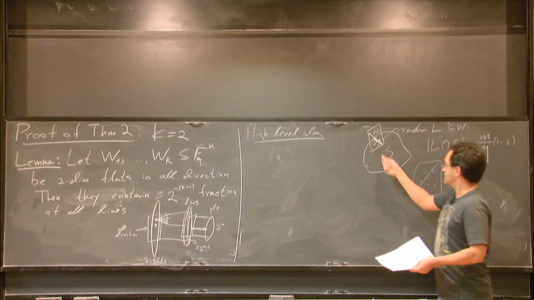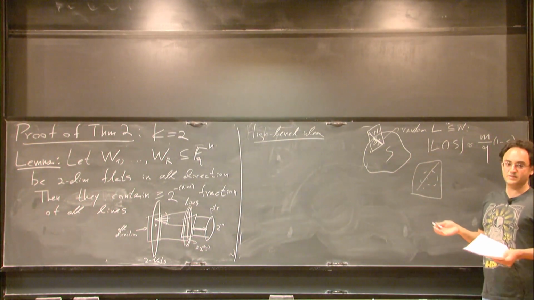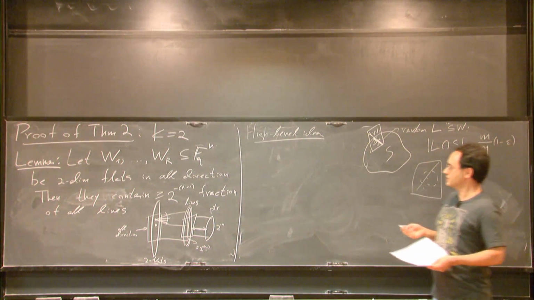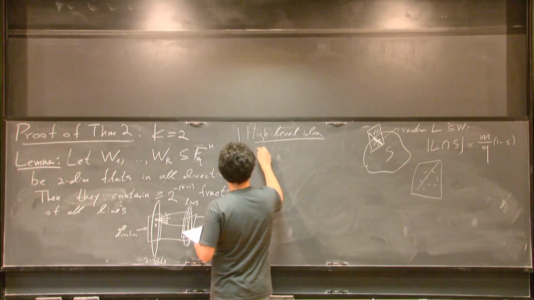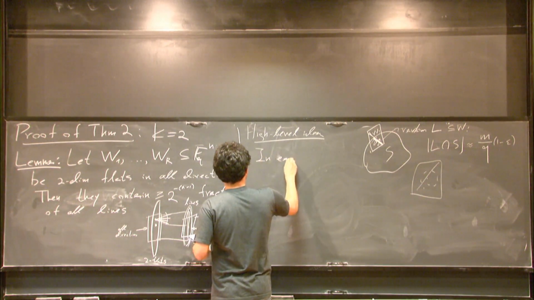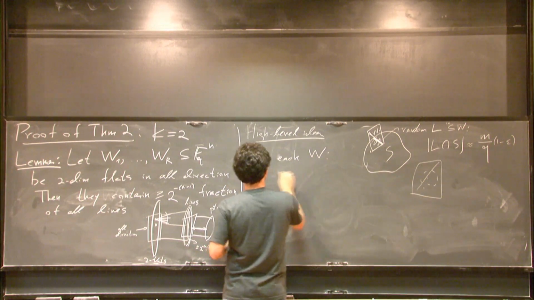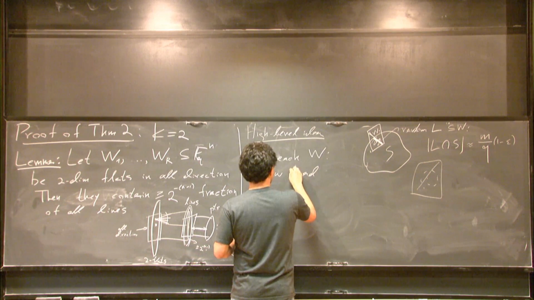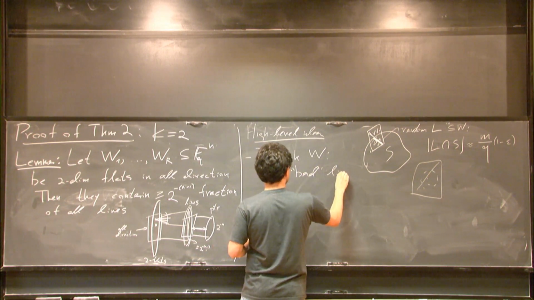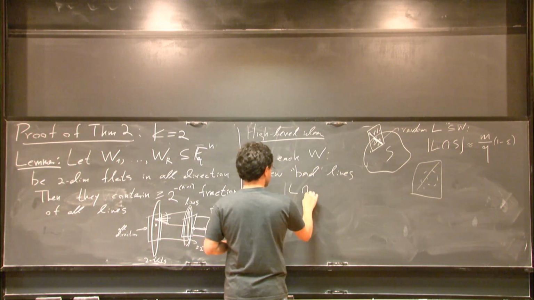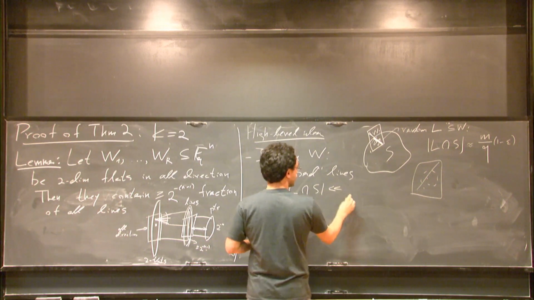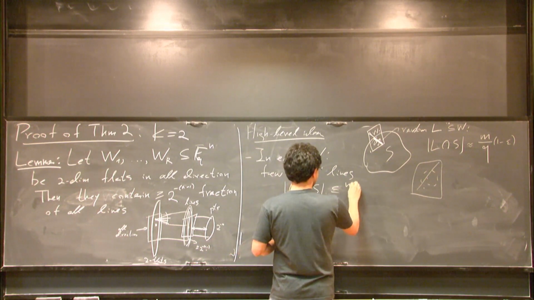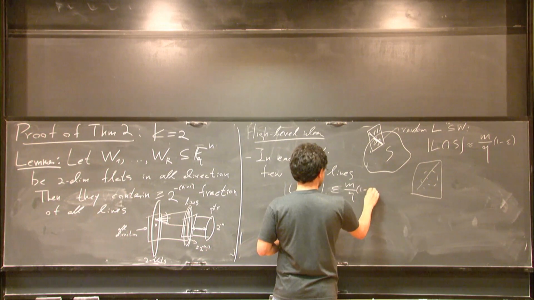And then I apply the same sampling argument on the entire space, and I get that. So basically, in each WI, I have few bad lines, m over q times 1 minus epsilon.